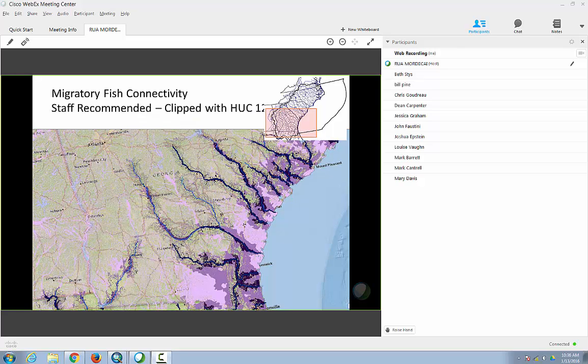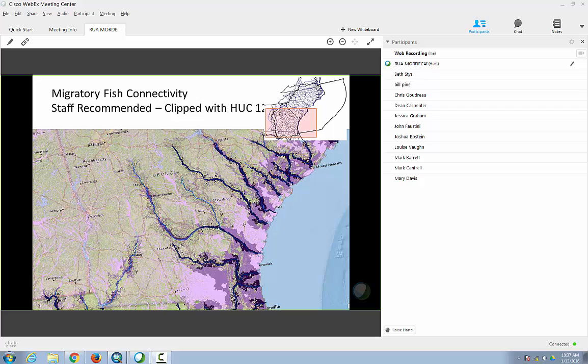And then we have another version, and this is the staff recommended tweak here, which is clipping those areas just to the HUC 12 that's along where that line work is. So now you're hugging a lot closer to where these species are most immediately affected.